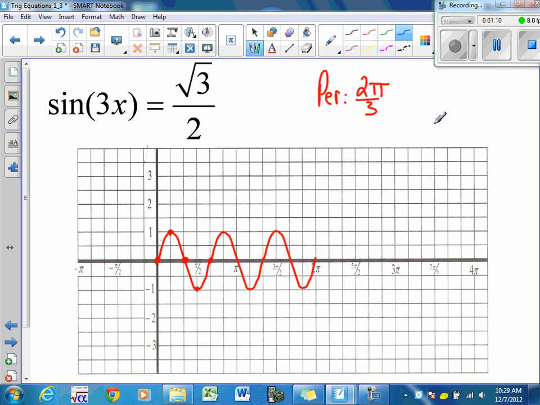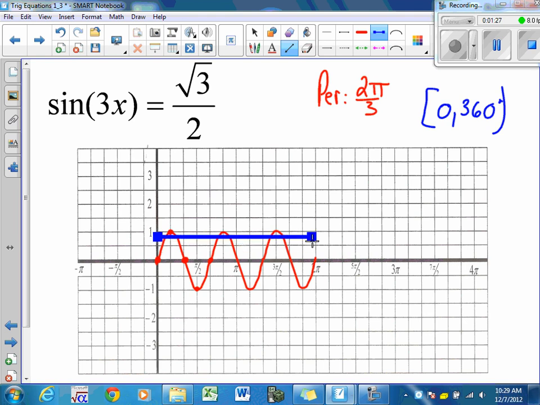So if I'm still solving it, let's even go degrees. Even if I go 0 to 360, you can see I now have a whole bunch of these sine curves. And if I want to look at square root of 3 over 2, which is like 0.87, which is right here, you can see I don't have two answers.